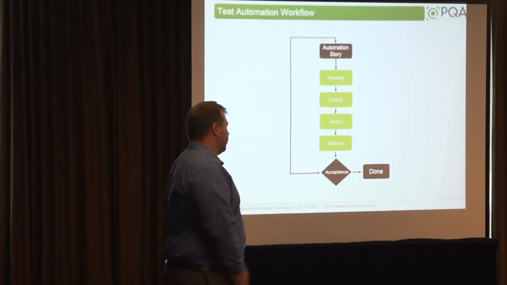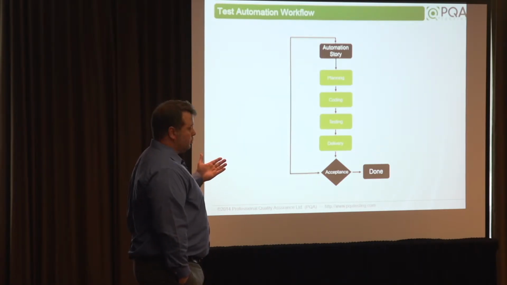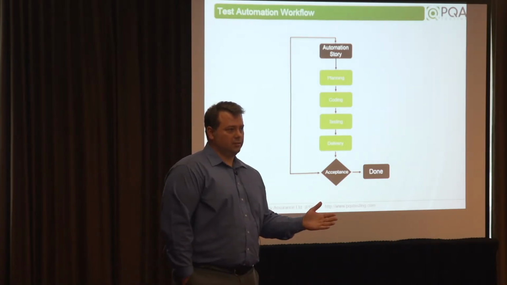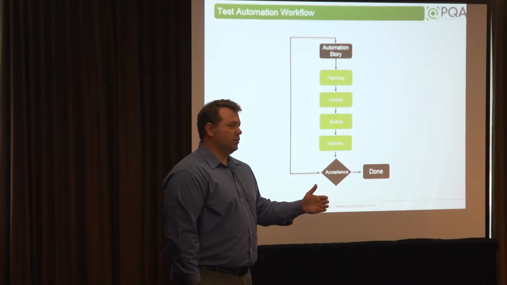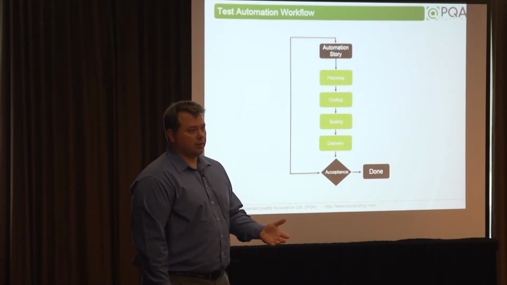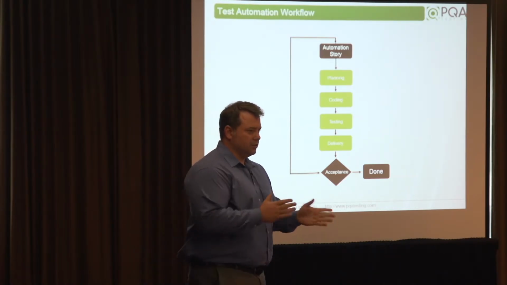A closer look at the workflow for automation. You have an automation story in that separate sprint: planning, coding, testing, delivery, and acceptance. So that's happening completely independently of the manual testing and development sprint. They're obviously going to be working together, but in terms of the work being done, they're in separate streams.